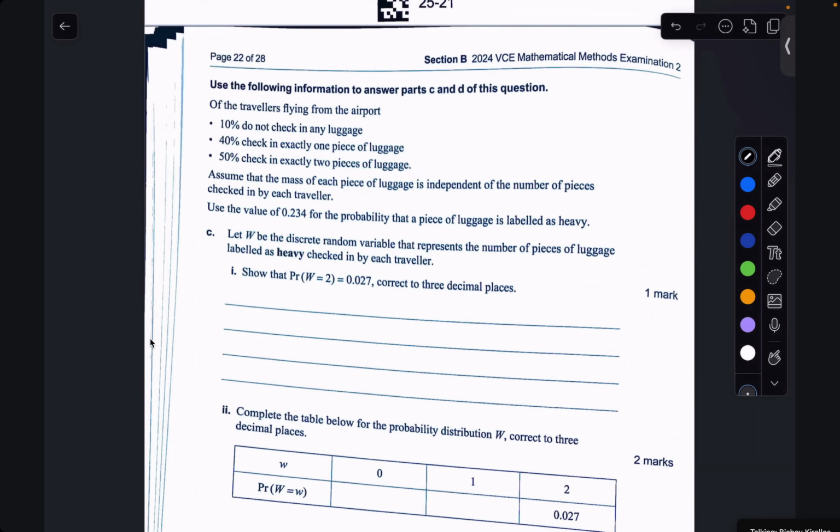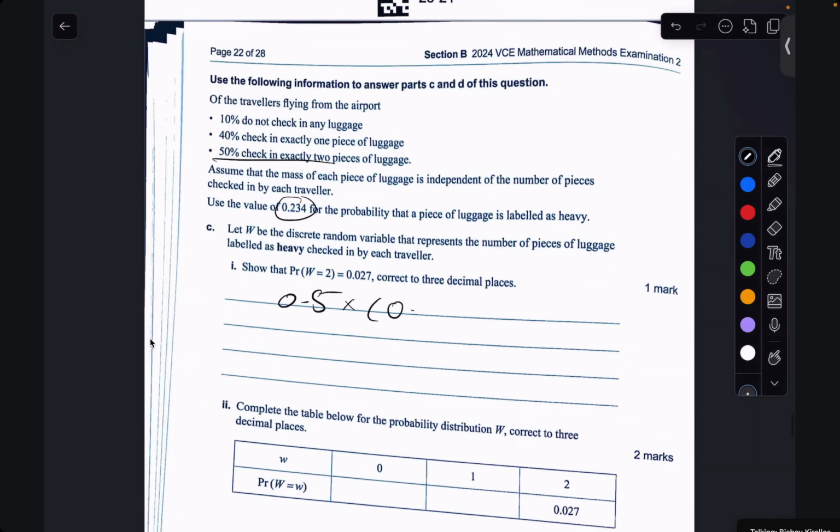So the number of pieces of luggage labelled as heavy checked in by each traveller. So 50% check in 2 pieces of luggage. And then that would be 0.234 for the probability squared, and that's 0.027.